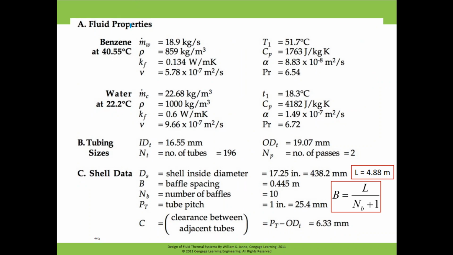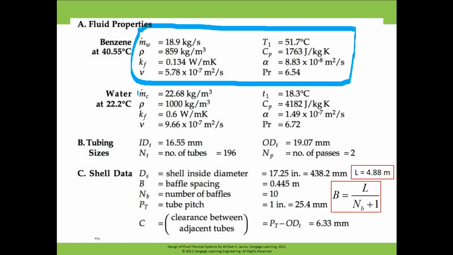Okay, so for the step by step procedure, like we saw in the double pipe heat exchanger, step A, B, C, D, E, F, G, and so on. In the first step, you have to collect all the properties of the two fluids at the average temperature. So here are the properties of benzene, and these are the properties of water.